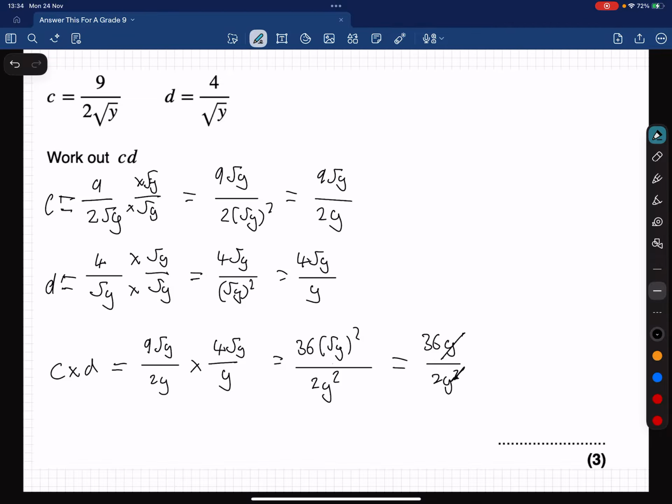This y cancels with the square, and 36 divided by 2 is 18. Where did the marks come from? 1 mark for rationalising C, 1 mark for rationalising D, 1 mark for the correct answer.